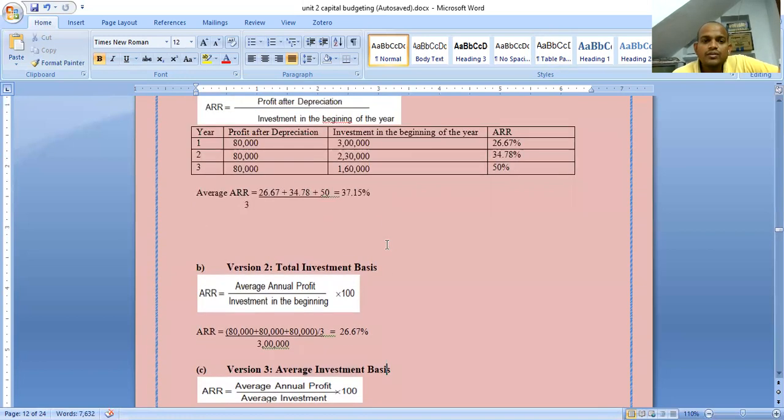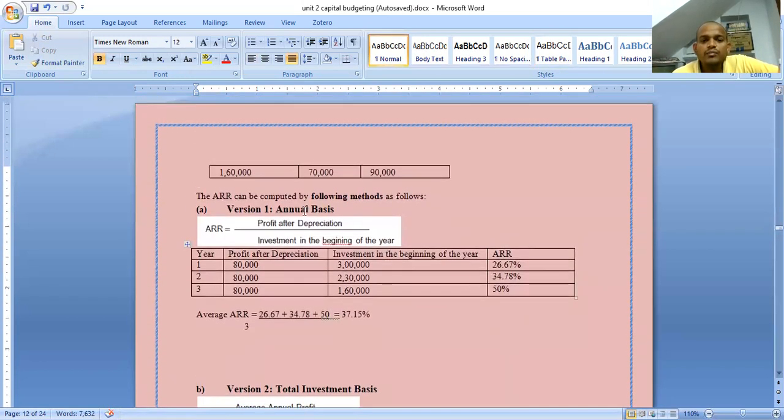So in the first version, annual basis, profit after depreciation divided by investment in the beginning of the year. If we consider only the investment in the beginning of the year, then the ARR will be different.